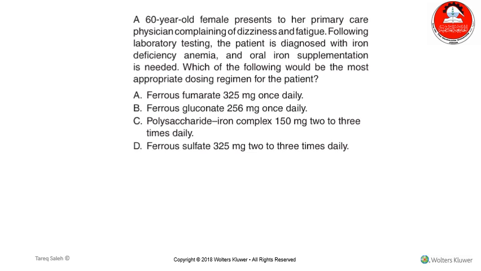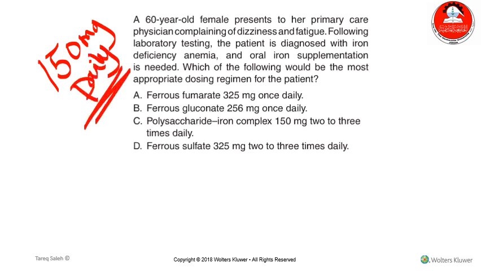for this patient? Okay, so let's take these choices one by one. Remember here that the goal of treatment is to provide 150 to 180 milligrams of iron per day, okay, daily. This is your therapeutic goal, as we mentioned at the beginning of this lecture.